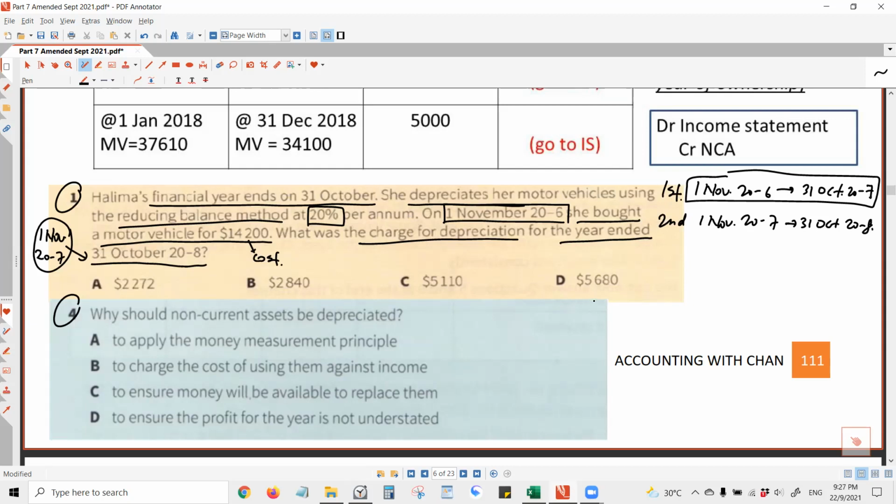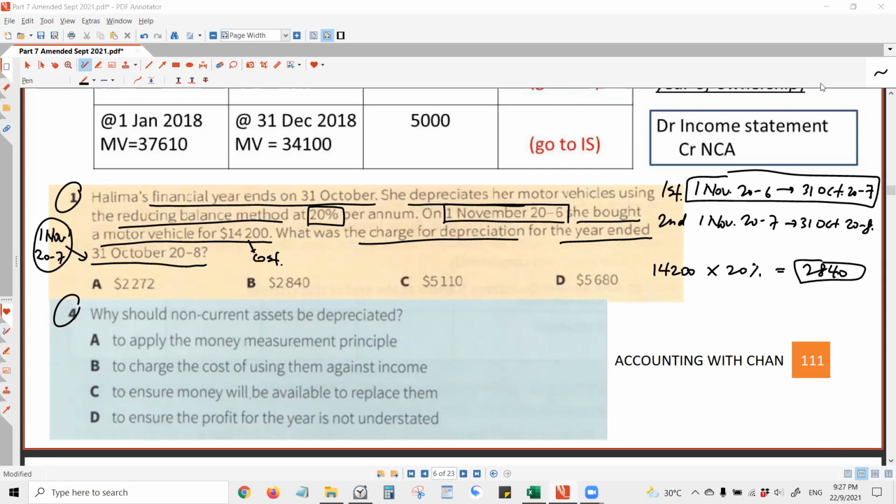First year's depreciation is cost times the percentage. Because in order to calculate the second year, you must calculate the first year first. 2840. B is not the answer.